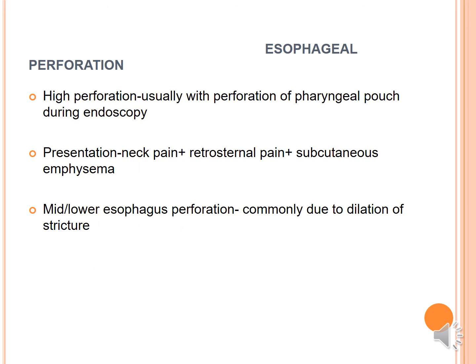Esophageal perforation, high perforation usually with perforation of the pharyngeal pouch during endoscopy, presents mainly with neck pain, retrosternal pain, subcutaneous emphysema. Mid or lower esophageal perforation, commonly it is due to dilatation of a stricture.